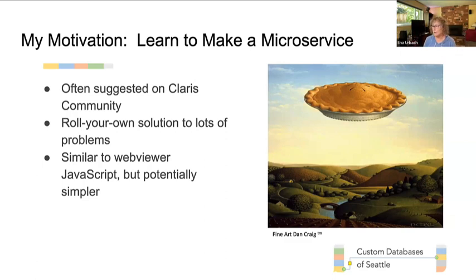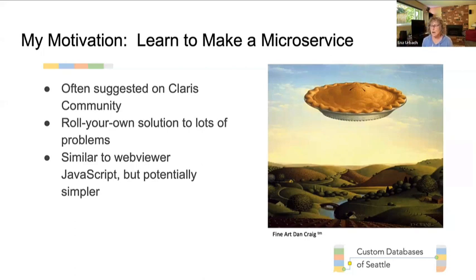And some of the really big gun boosters on the Claris community, like Wim de Kort at Soliant and Mike Berge at Mainspring, will every once in a while suggest, when someone has posted some difficult problem requiring intricate calculations in FileMaker, that really what you ought to do is make a microservice to provide these calculations.